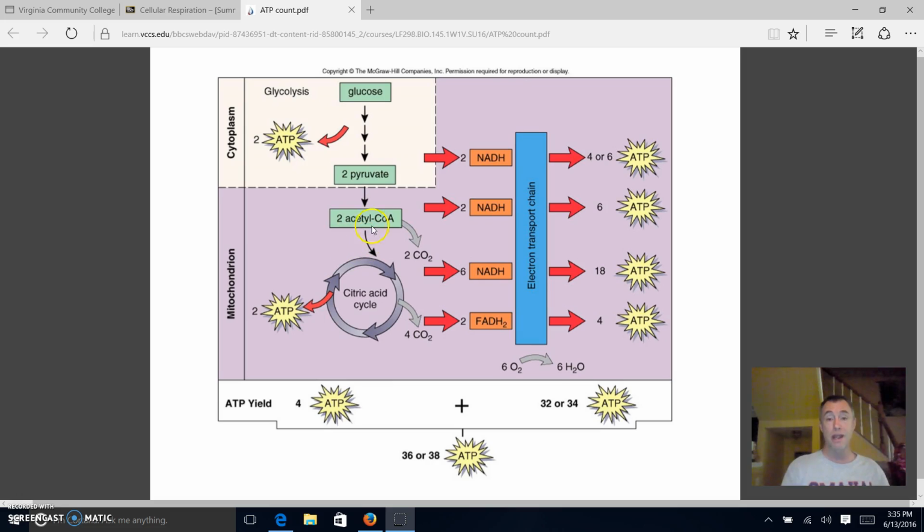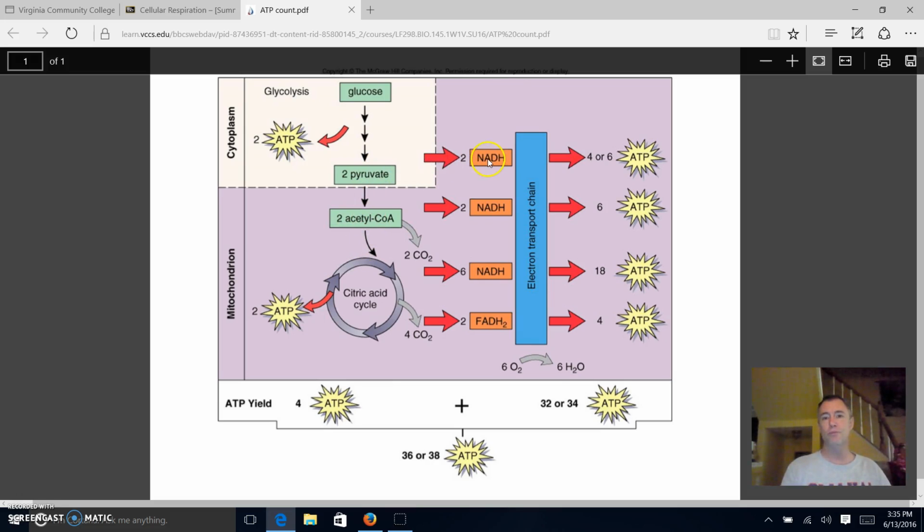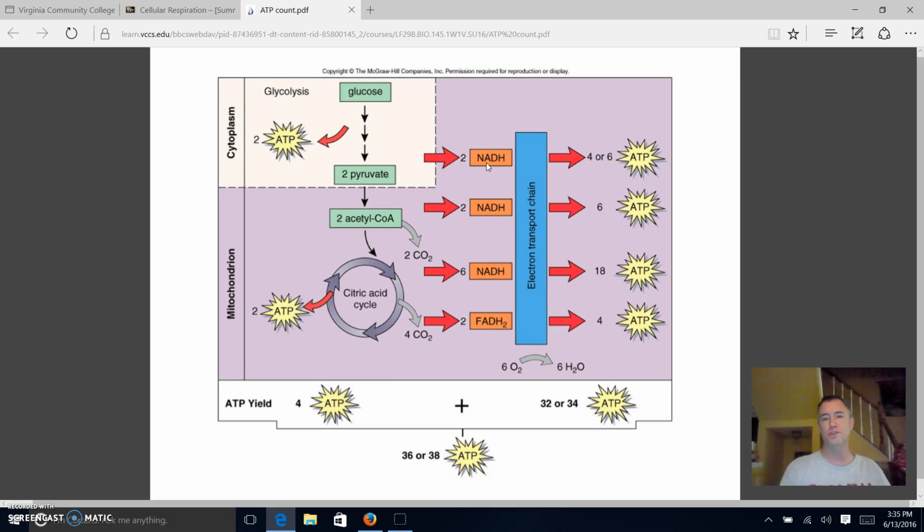Now, notice what else we got. We had to pull some hydrogens out to get 2 NADHs. That's something we can, as a short-term nickname, call NAD+. By pulling some hydrogens out, we converted it to NADH, and now we're going to take the hydrogens to the last step, a process called oxidative phosphorylation, in an area called the electron transport chain.